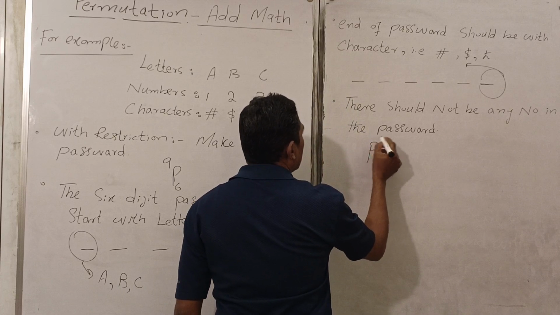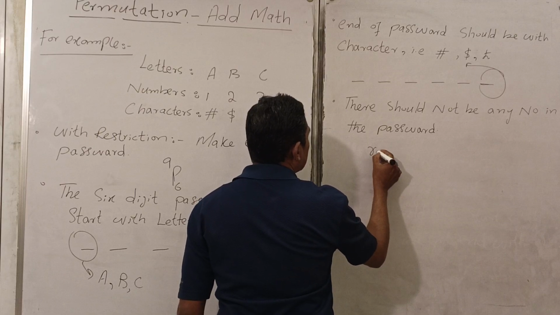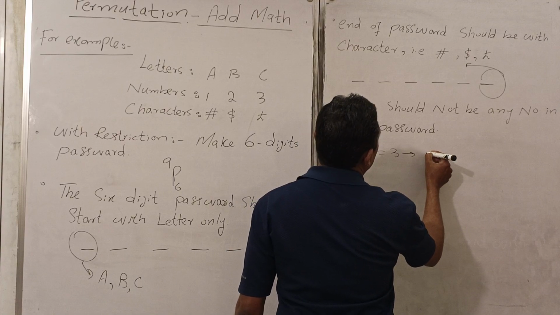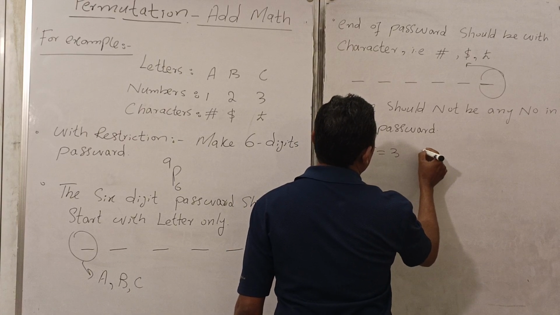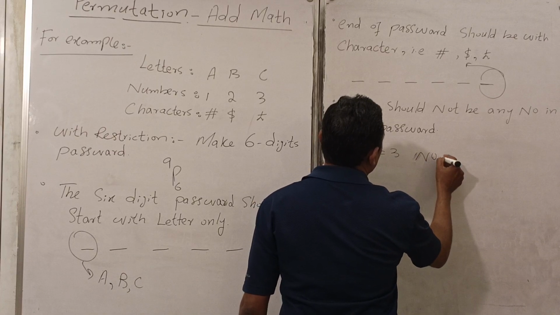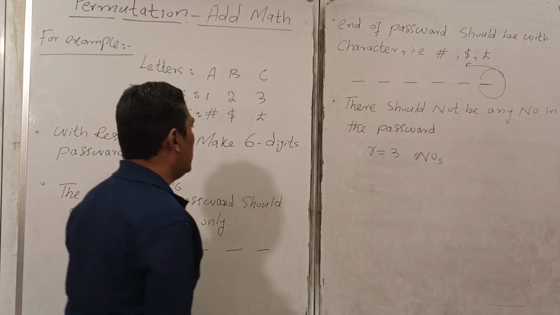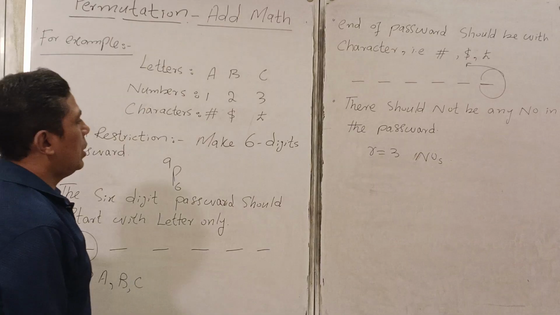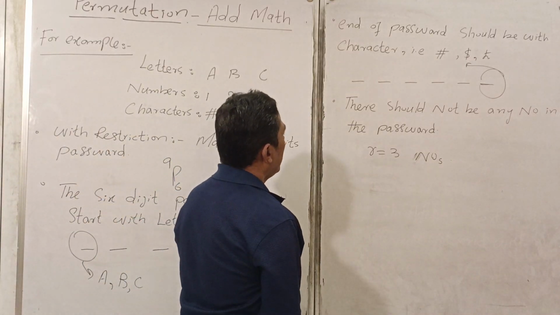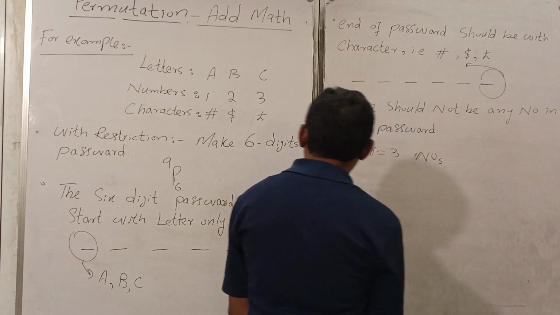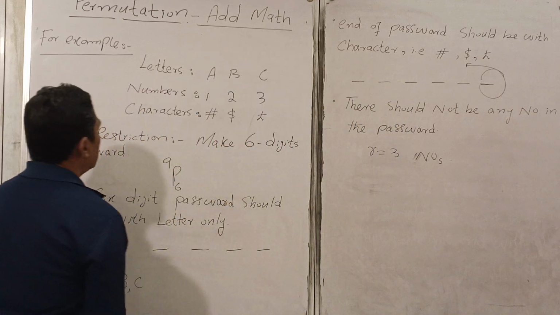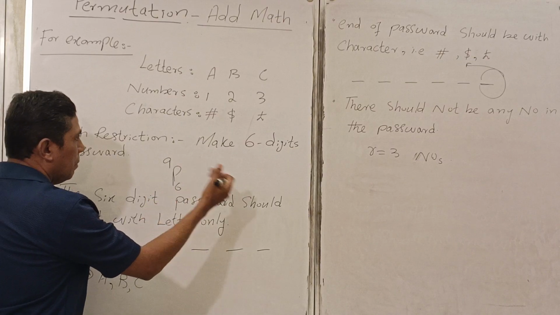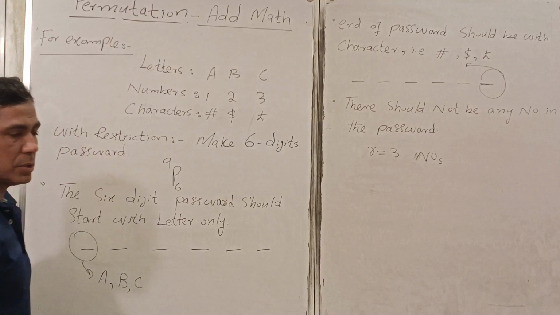How many letters? 3 characters. How many numbers? 3 numbers. Clear? So I calculate the total and then subtract the numbers from this.